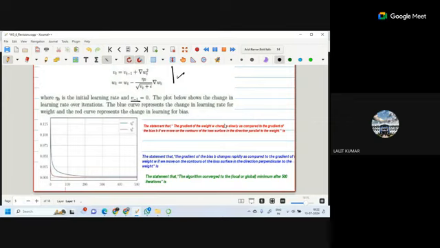Now, there is a statement: the gradient of the weight W changes slowly compared to the gradient of the bias B if we move on the contours of the loss surface in the direction parallel to the weight. Will it be true or false? Anyone?